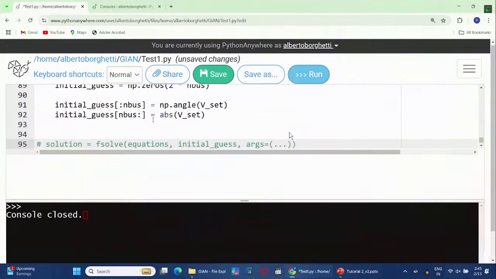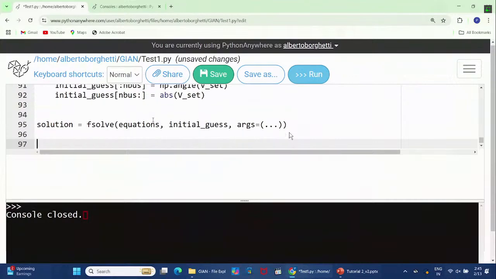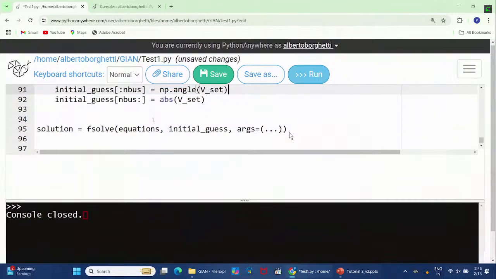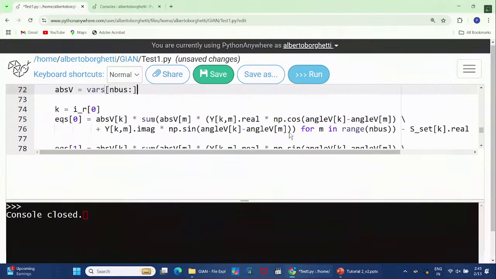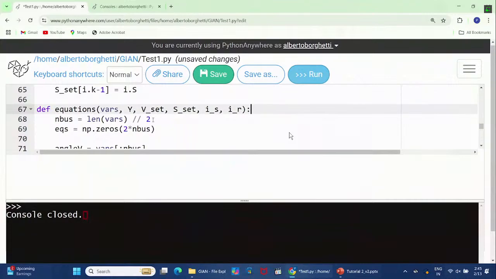We can also take away this symbol, so it is not a comment. We need just to put here the arguments. And the arguments are the arguments of the function, so we can go above and see that there are these arguments, so we can take these arguments and put them as the arguments of fsolve.